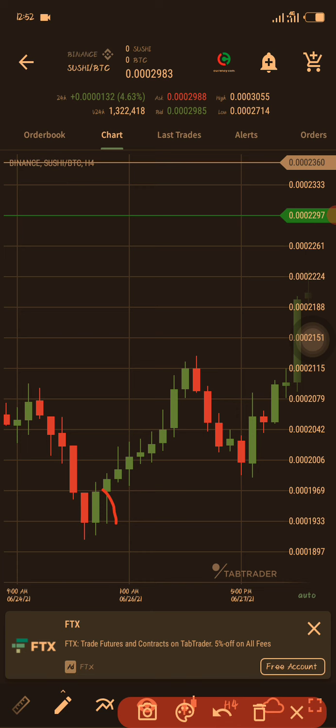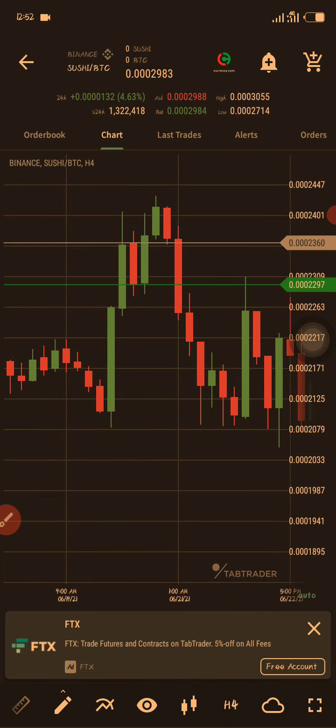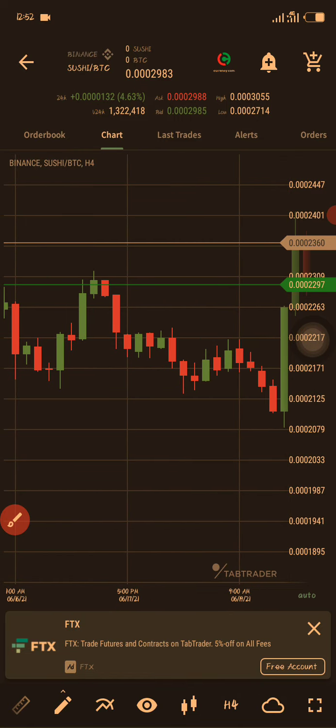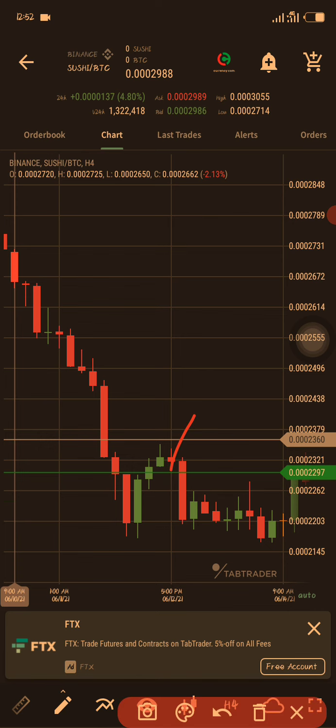This is a shooting star. Inverted hammer. That's an inverted hammer. That's an inverted hammer. Is also shooting star.